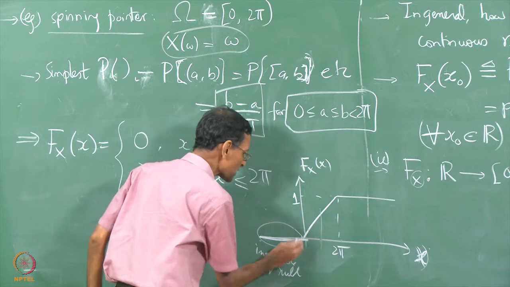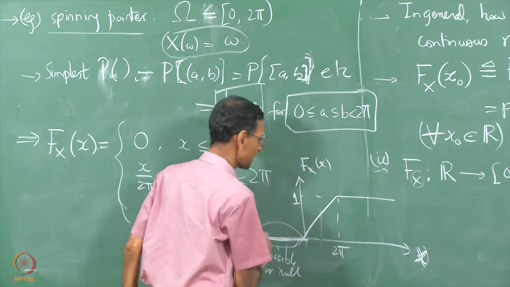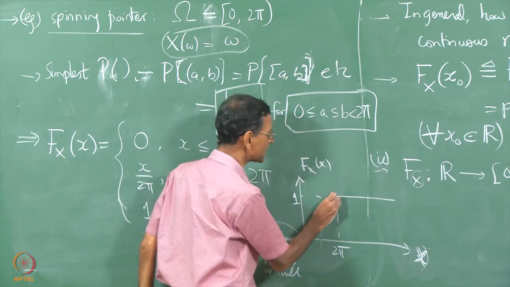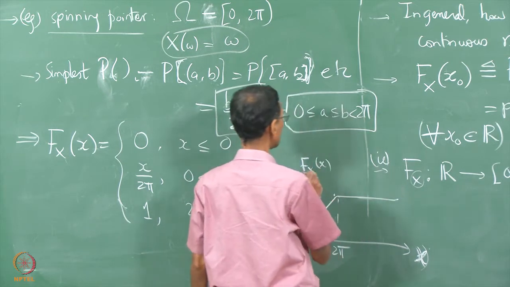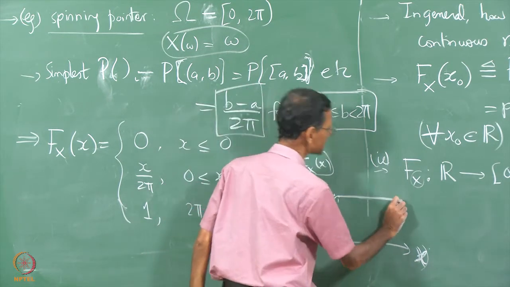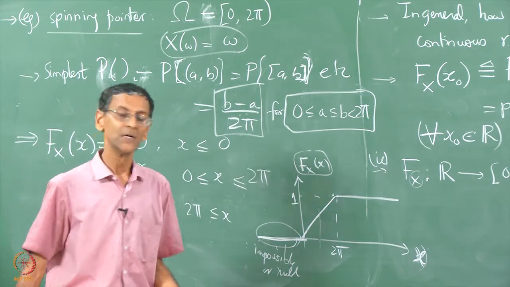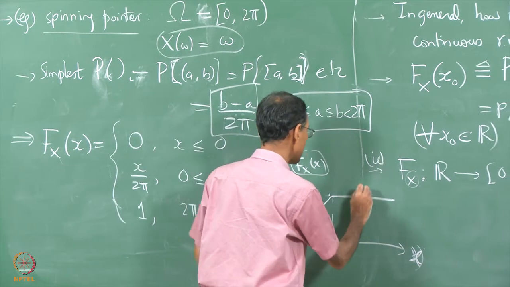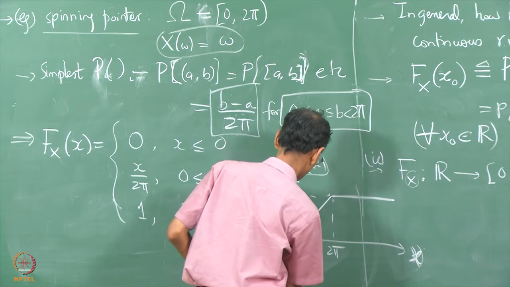Okay, so we have an impossible or null event for x between minus infinity and 0, then we have this linear increase, and then once the CDF hits unity, it stays at unity; it cannot increase any further. And what does this unity mean? This now becomes a certain event.